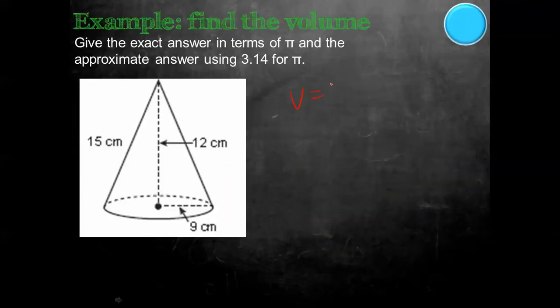So again, we have 1/3 pi r squared h. So we have pi. Here it already gives us r, the radius, which is 9. And then the height, again, the height is the altitude. So we have to use 12 right here. You can't use 15. So now we're going to take 9 squared, which is 81.